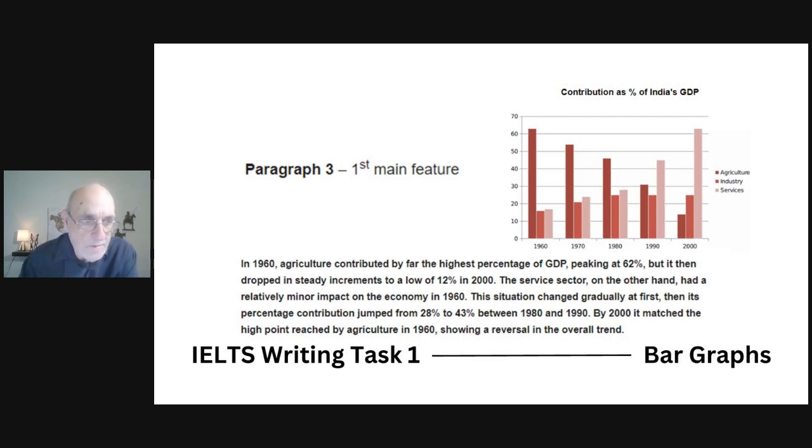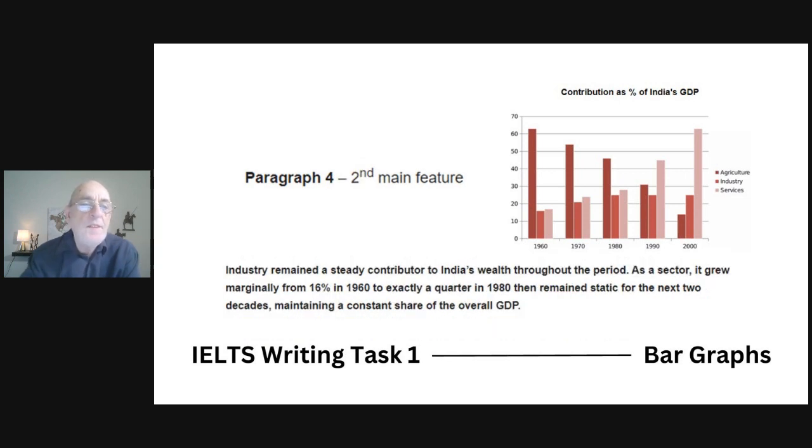And then we simply move on to paragraph number 4, and this is where we're going to deal with the industry sector, because we dealt with the other two sectors in the other paragraph, and we describe what happened over the course of 1960 to 2000 with the industry sector.